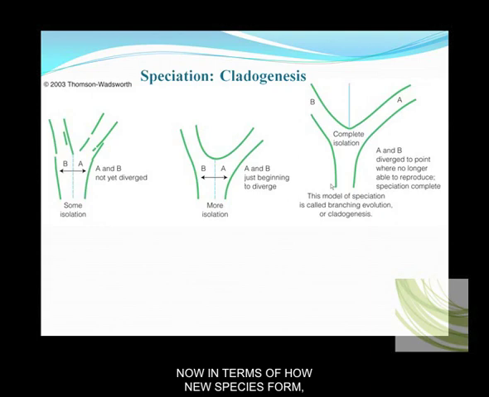Now, in terms of how new species form, the process of making new species is called speciation. There's two basic ways that new species can form, and they require reproductive isolation over time. The first kind we're going to talk about is called cladogenesis. A clade is a group and genesis means birth of, so it's the birth of a new group.